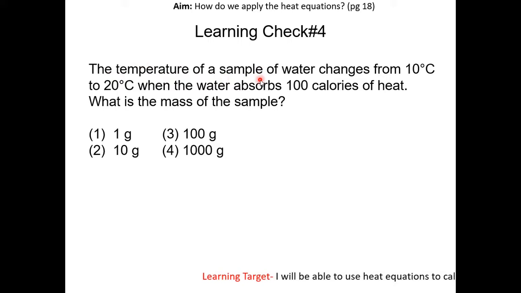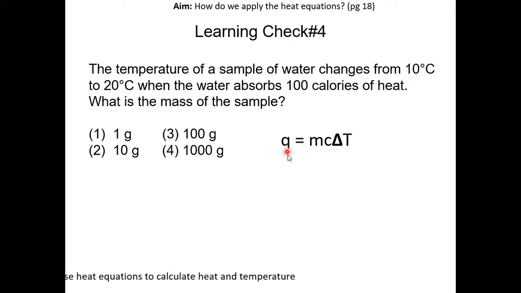Learning check number 4. The temperature of a sample of water changes from 10 degrees Celsius to 20 degrees Celsius when the water absorbs 100 calories of heat. What is the mass of the sample? Pause the video and resume once completed. Since there's a temperature change, we have to use Q equals mc delta T. We're solving for mass. We're given Q as 100 calories.